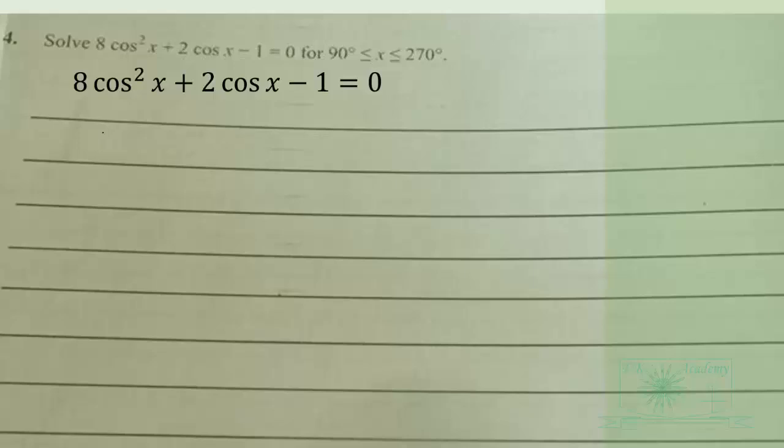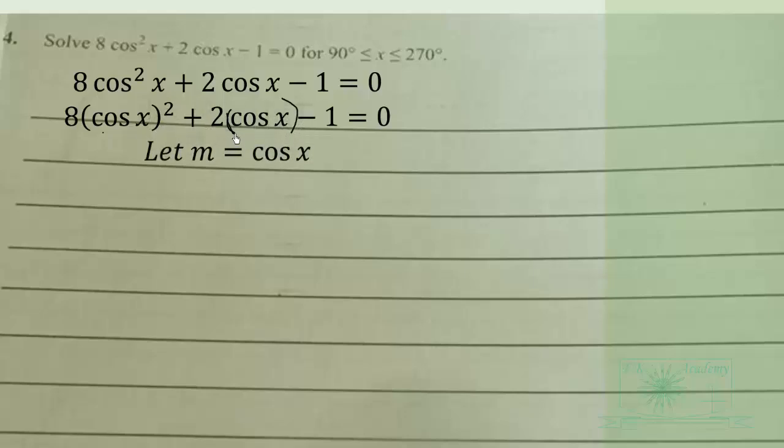So we have 8 cos square x plus 2 cos x minus 1 equals 0. We can rewrite it so that we can do substitution for cos x. So when we let m equal cos x, wherever we see cos x here, we put m there.